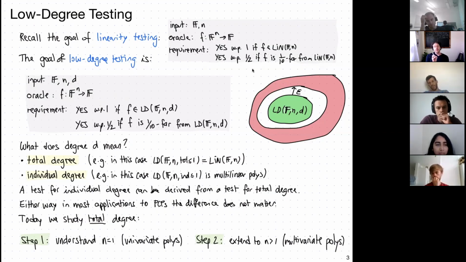So, while we won't do the straightforward algorithm that one can do in the univariate case, we'll do something more sophisticated, but something that would later easily generalize. Okay, so that's the definition of the problem. Any question? Does this make sense?